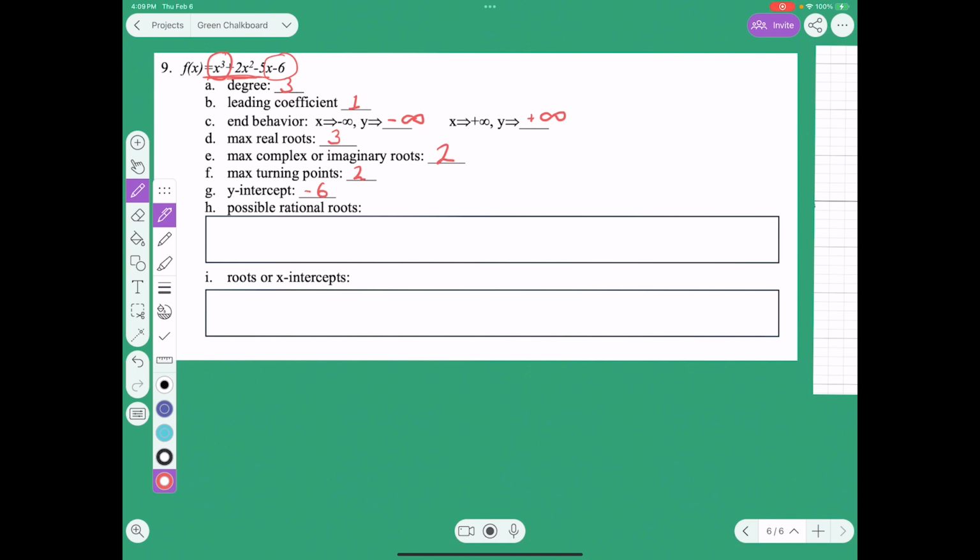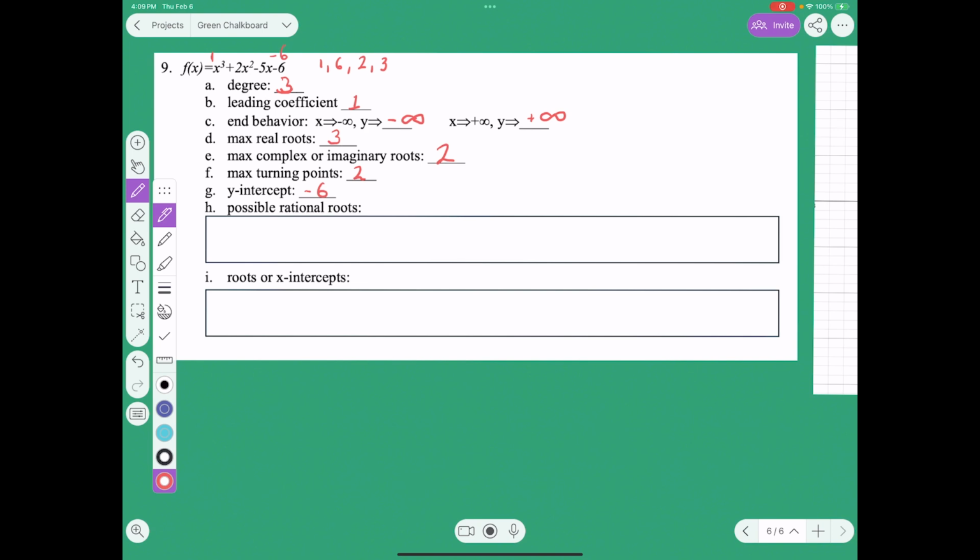And then our possible rational roots. Well, here we're going to have to spend a little bit of time on this one because we'll see factoring is going to depend on us having those. So we have a 1 on our leading coefficient, and our last term here, our y-intercept, is minus 6. And so to figure out our possible rational roots, we need to think of all of the factors of 6. And those are going to be 1 and 6 and 2 and 3.